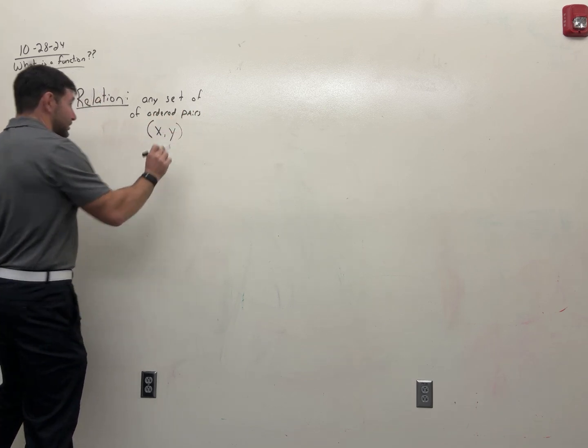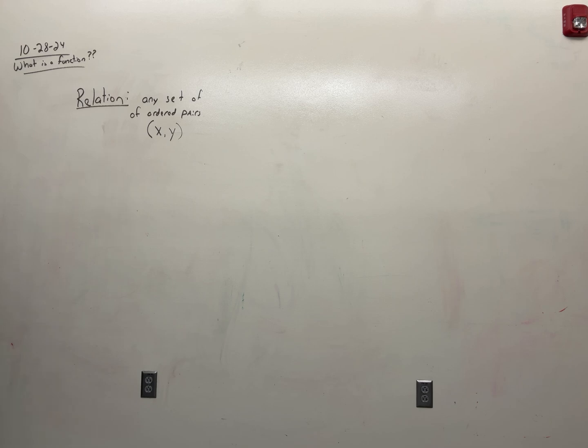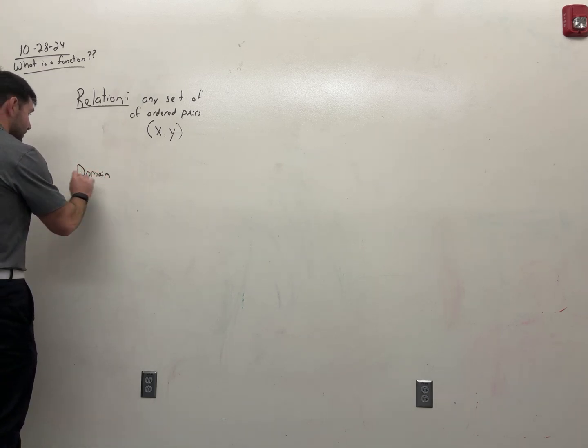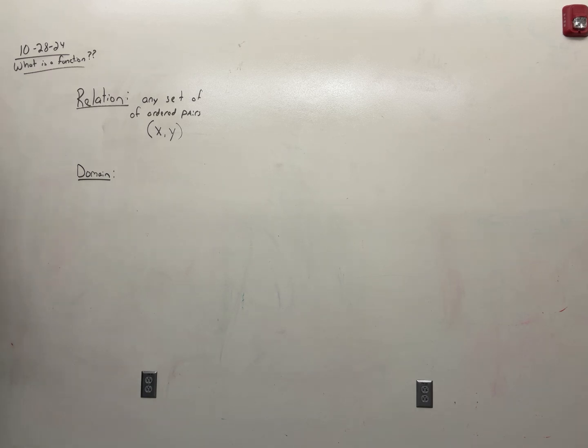And remember, an ordered pair is always x, comma, y. Always x, comma, y. Okay? Still good. No problems, right? Okay. There are special names for the relation, that ordered pair.